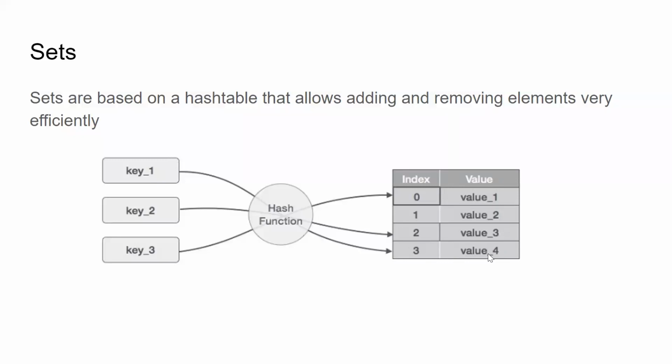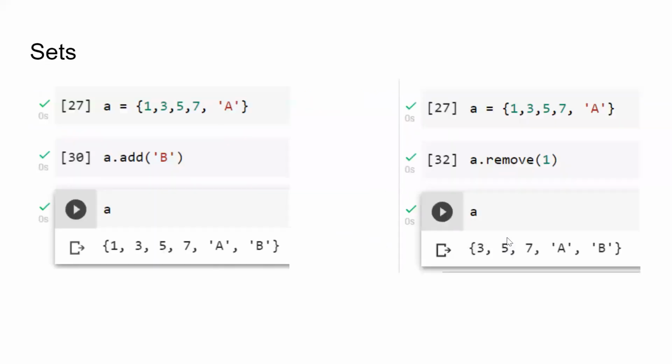To find an element by key here, we don't need to go from the beginning. We just need to calculate the hash function and then look at the index that the hash function gives us. So as a result, we don't need to check the whole array, but maybe just some elements of the array. That's why it's fast. And there is a theory behind that.